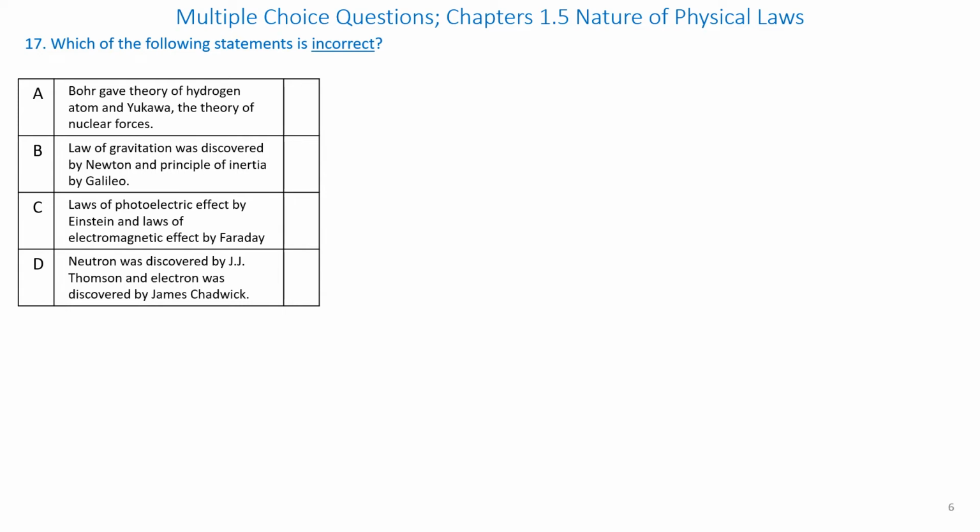That is also correct. Neutron was discovered by J.J. Thomson and electron was discovered by James Chadwick. This is wrong because neutron was discovered by James Chadwick and electron was discovered by J.J. Thomson. So the incorrect statement is D. Let us mark it. Next question.